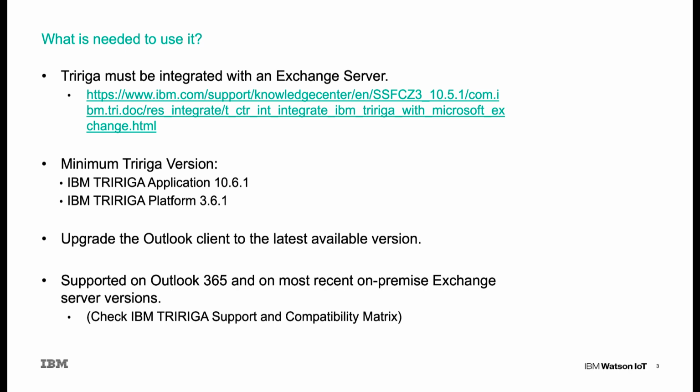The minimal TRIRIGA version needed to run this is 10.6.1 for the application and 3.6.1 for the platform. You need to make sure that you have the latest Outlook client installed. The add-in makes use of some Outlook APIs that are not available in old Outlook clients, so make sure that you have the latest one.